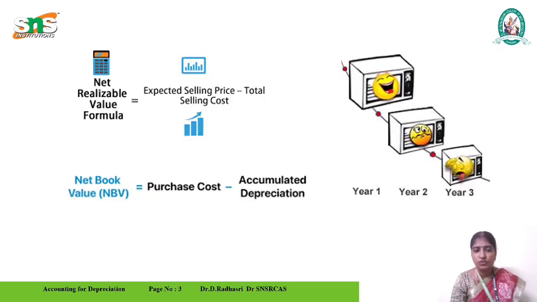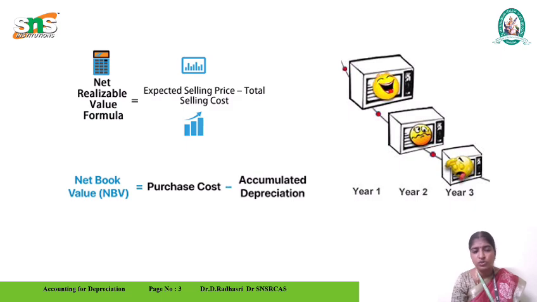The net book value, the expected selling price and the total selling price are shown. In the first year the full amount is spent, and year by year the value of the product decreases slowly.